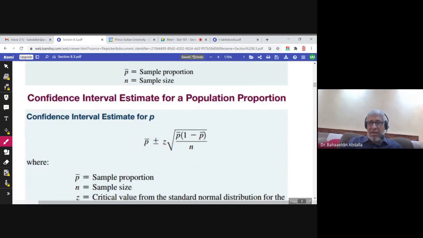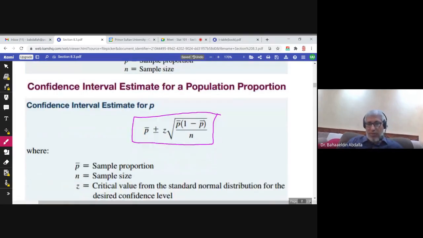And then the confidence interval for P would be P bar, the point estimate, plus or minus the critical value times the standard error for P bar, which is this one. So that's the confidence interval. This is the critical value. This is the standard error.